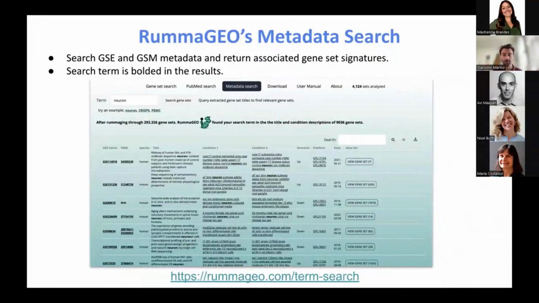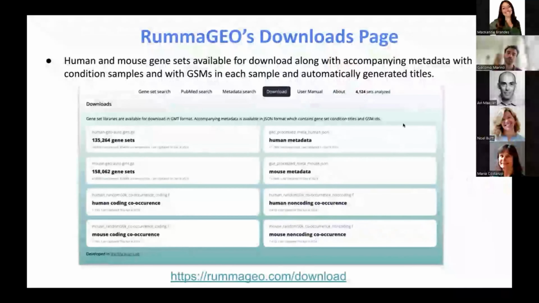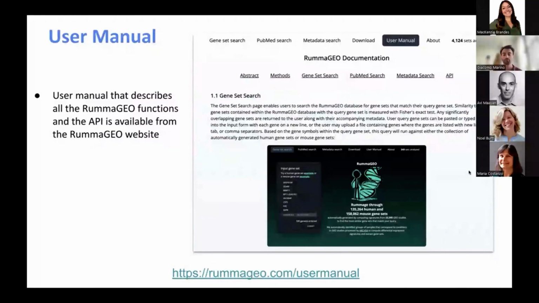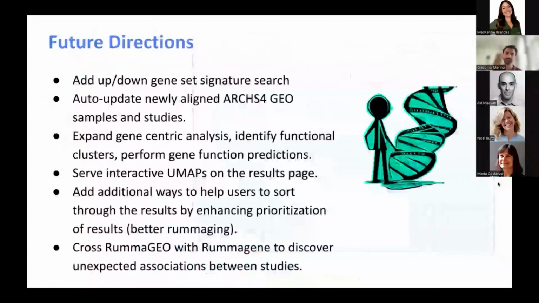So you can grab specific gene sets or signatures you're interested in. We also have all these gene sets available for download, as well as the co-occurrence matrices that I referred to earlier. There's also a user manual help page where all of the functions of the site are explained.